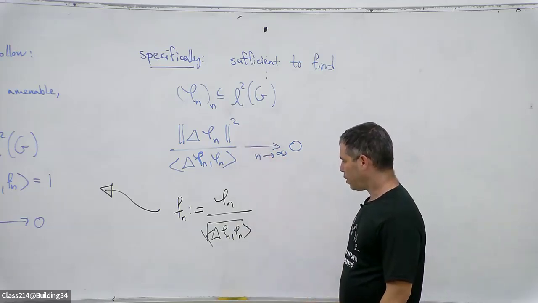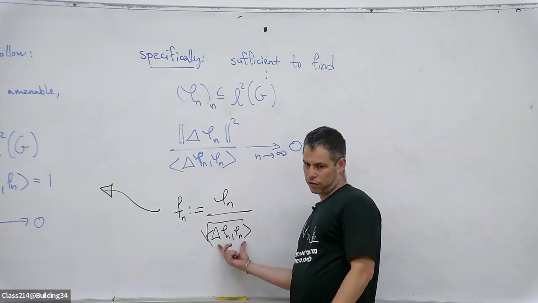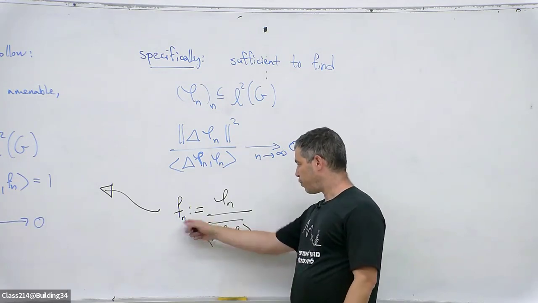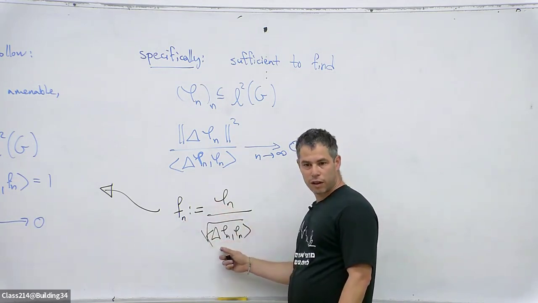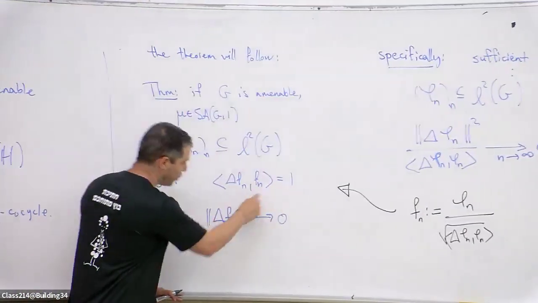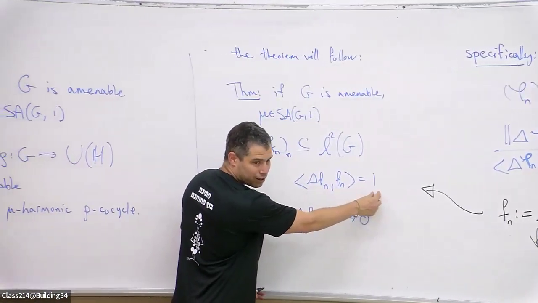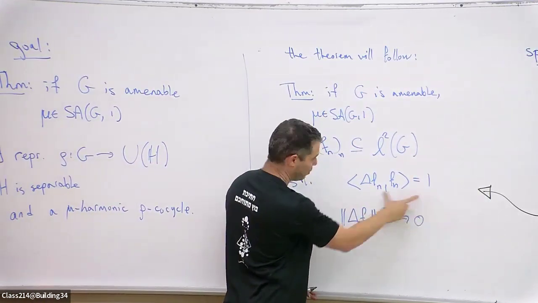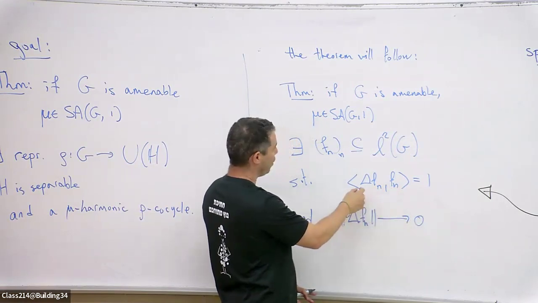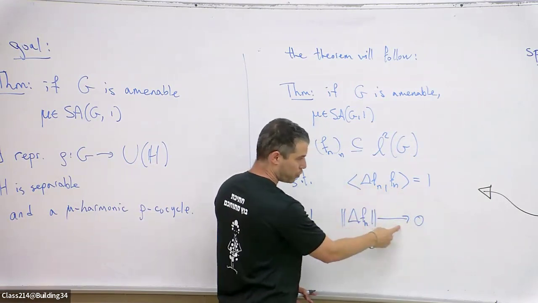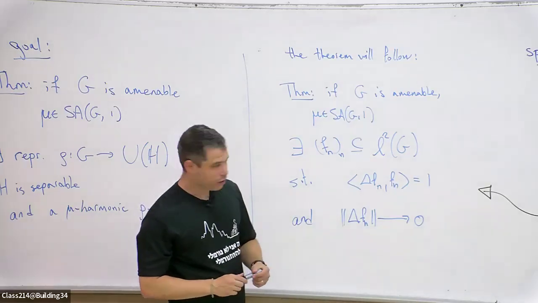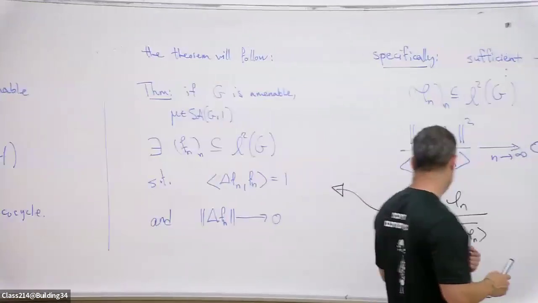This is always non-negative, it's just the Dirichlet energy, so I can take its square root. Then this constant exactly turns these guys to 1, because it comes out squared and you get the Laplacian of phi n divided by the Laplacian of phi n, which is 1. And this will go to 0 because you get exactly the term which was assumed to go to 0. So it's enough to find such a function.